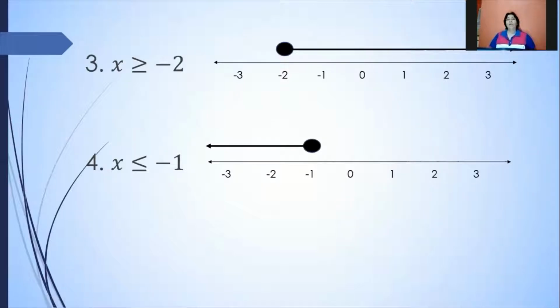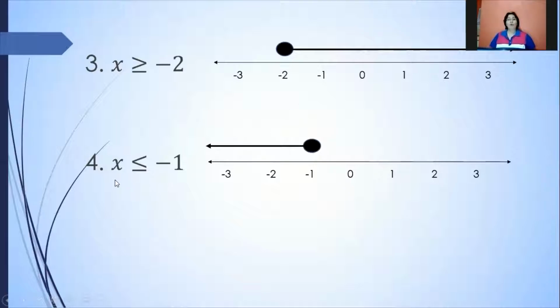The same holds true with number 1: all the numbers immediately after -2 to the right are greater than -2. Those are the possible values of x, up to positive infinity.